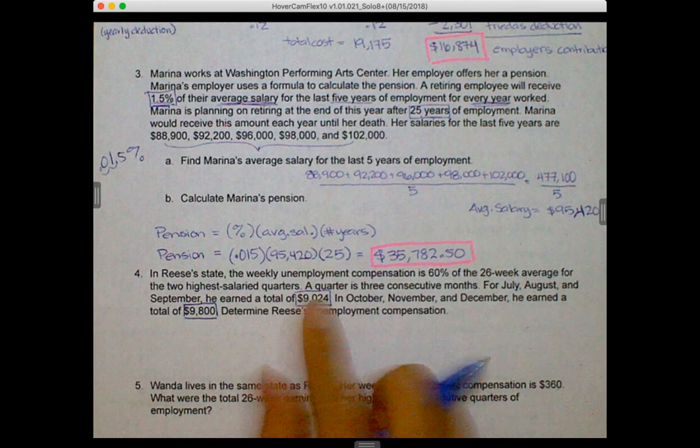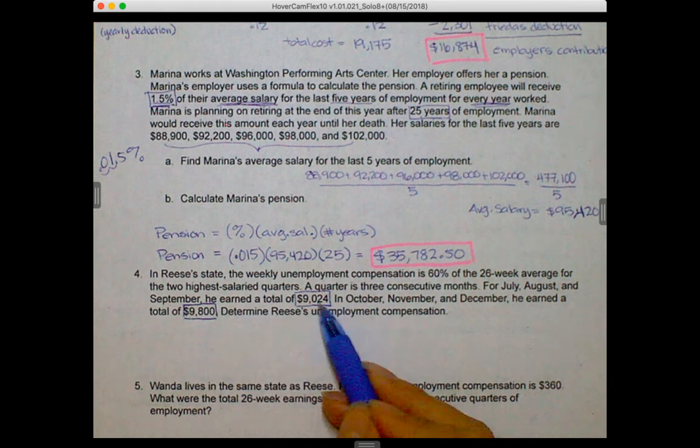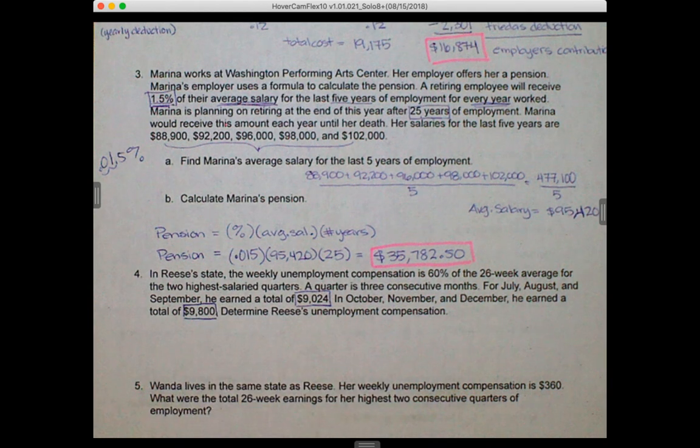So these were the two highest 3-month intervals, okay, of pay. Now, if you think about that, that's 3 months worth of pay, and 3 months worth of pay, that's 6 months. 6 months is half of a year, right? So we're talking about half of a year of pay here, 26 weeks. Okay, that's half of a year.